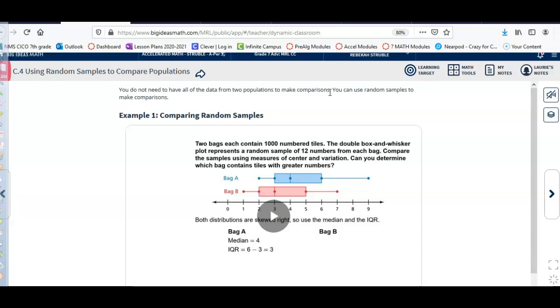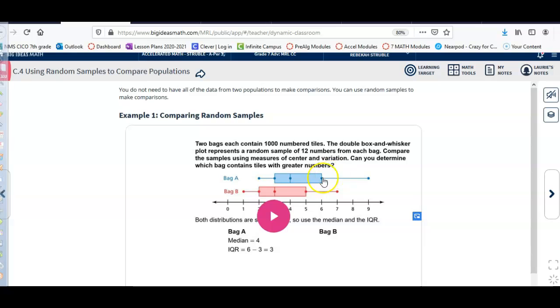That's where our random sampling comes in. So we have random sample A and random sample B. We can use these two random samples and do the exact same thing that we did in the previous section: calculate each measure of center, compare them, and then calculate each measure of variation and compare them.